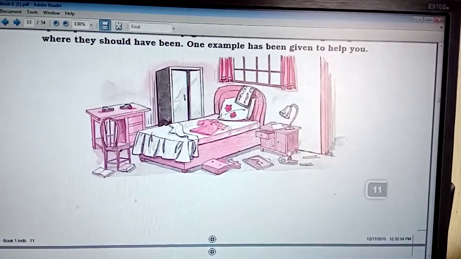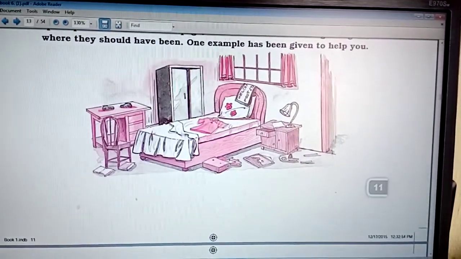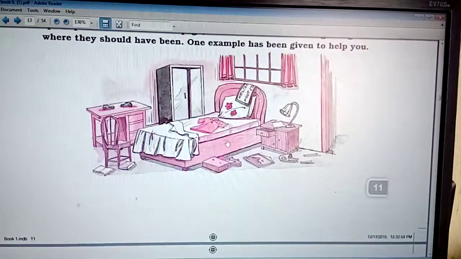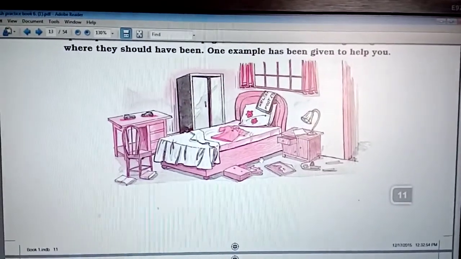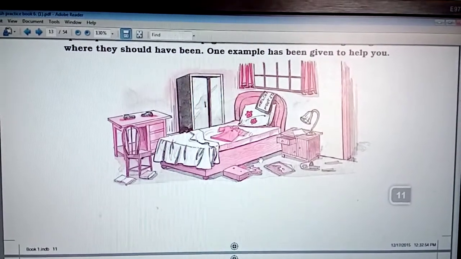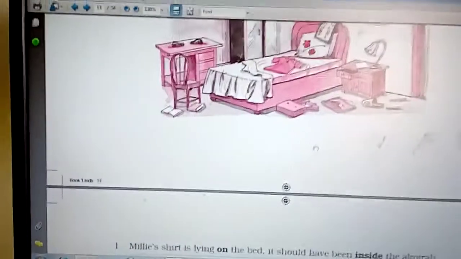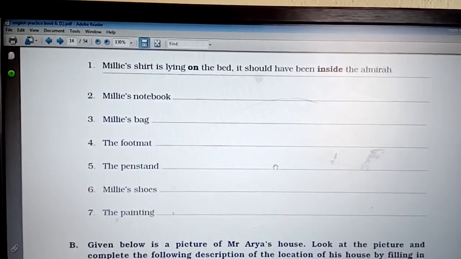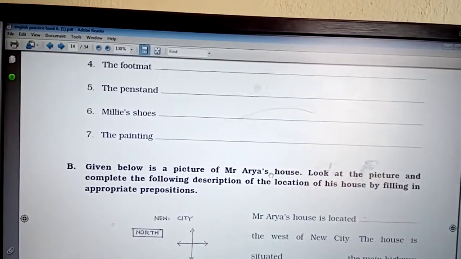The things which are kept in the room are not in their proper place. So where these things are and where these things should be, you have to compare and write the sentences properly in the given blanks. I hope you can do it yourself very well.